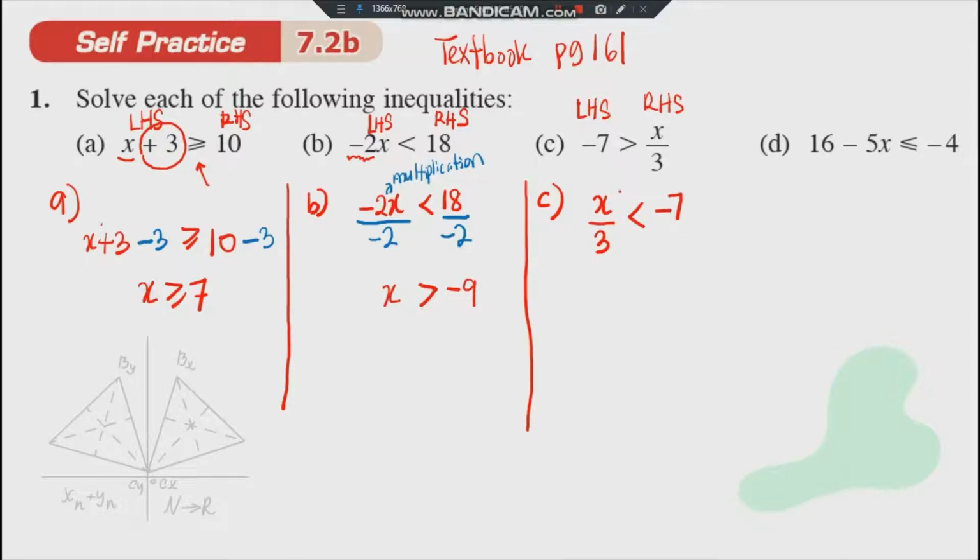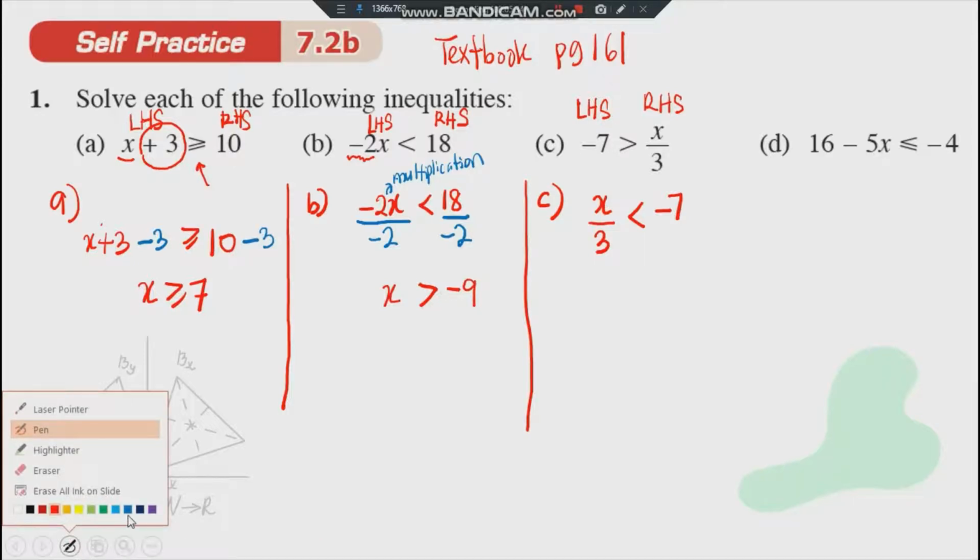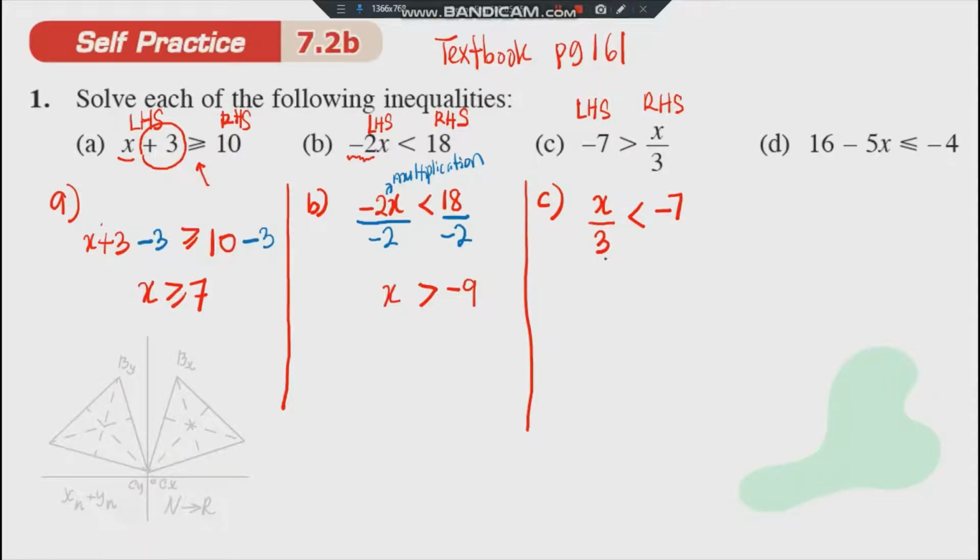So we have our variable on your left hand side. Now you want to get rid of the number 3. Since x is divided by 3, we can get rid of it by multiplying with the same number, which is 3, a positive number. Same goes to your right hand side, times 3.